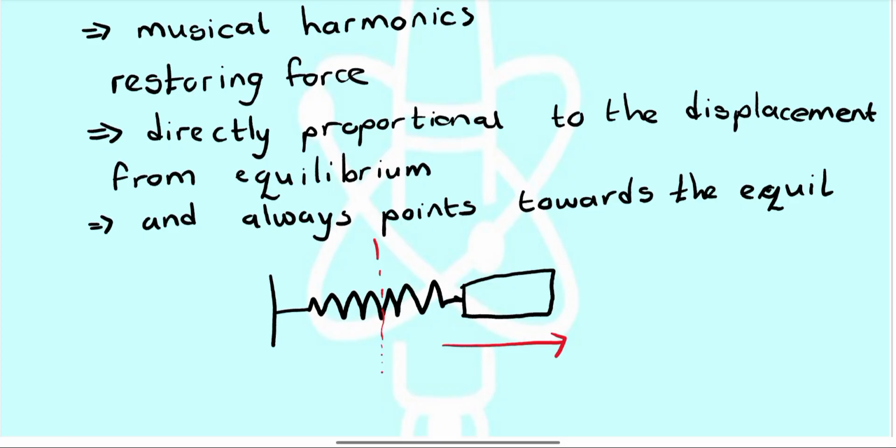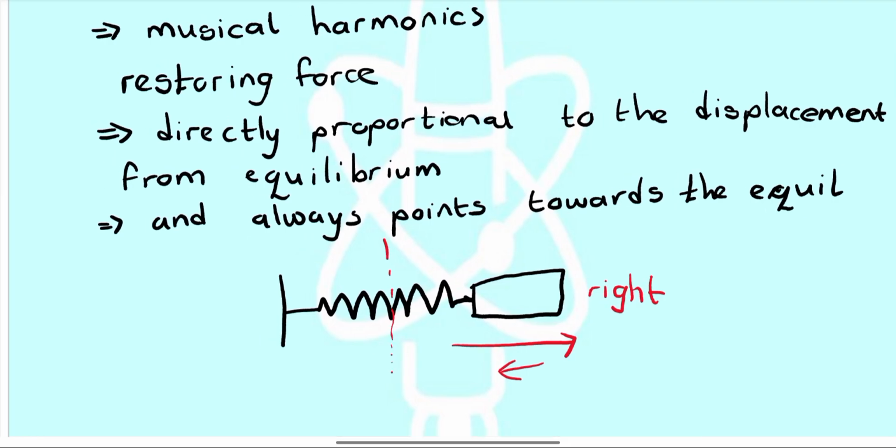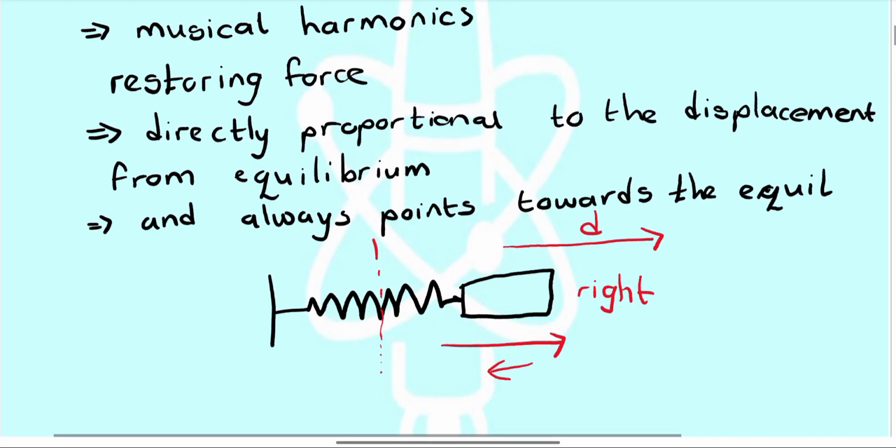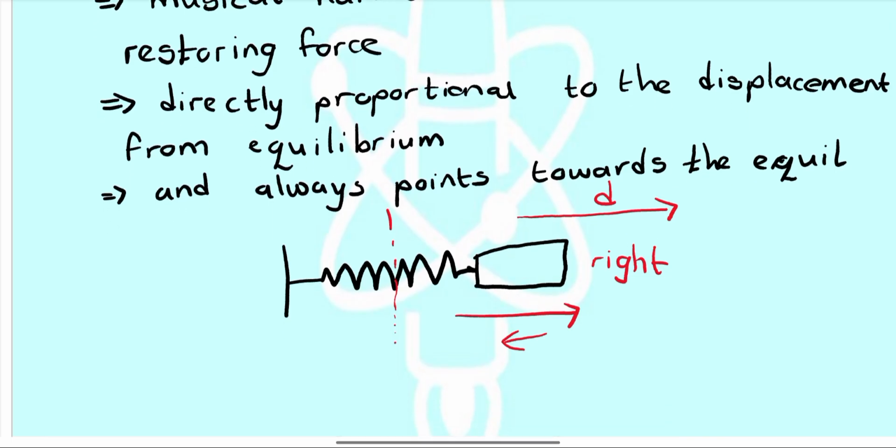If this spring is stretched to the right, the restoring force is to the left, towards the equilibrium, which is what I was mentioning. So the more you increase the distance, the more the restoring force. This is what it really means.